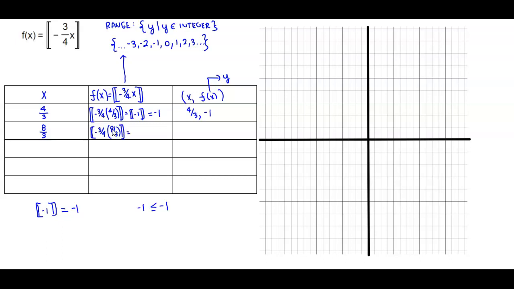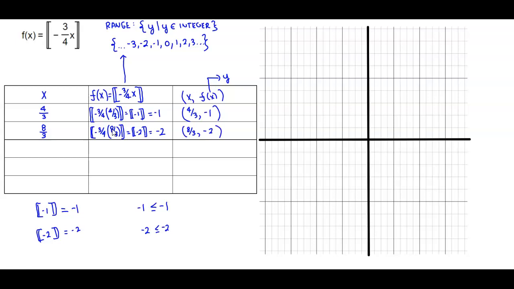When we multiply that together, that's going to give us -2. So what is the greatest integer of -2? If -2 is x, what number is less than or equal to -2? The answer is -2. So therefore, we have 8 thirds, -2.